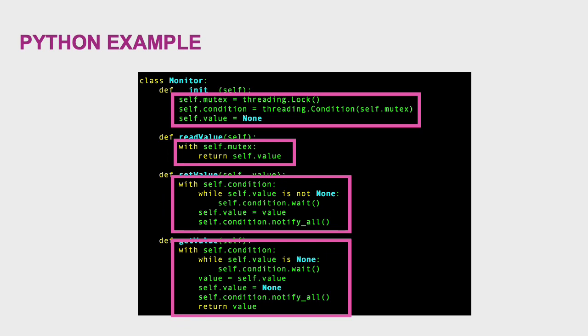We have a condition variable, and if the variable is not none, so if there is some value, we cannot set a new one, and as a consequence we have to wait on the condition variable until somebody consumes the value of the resource.